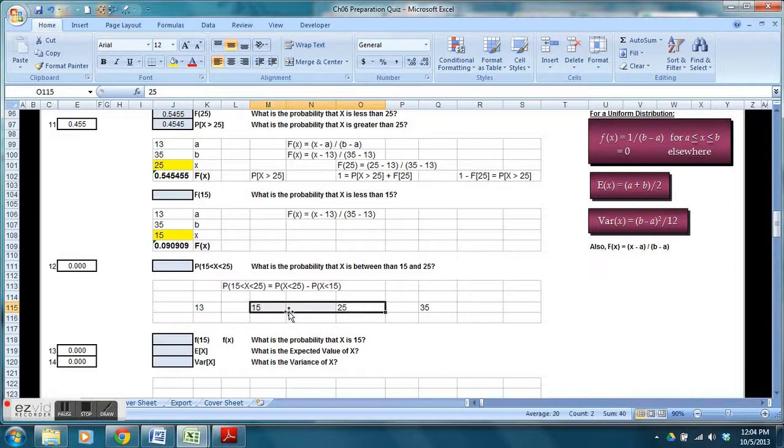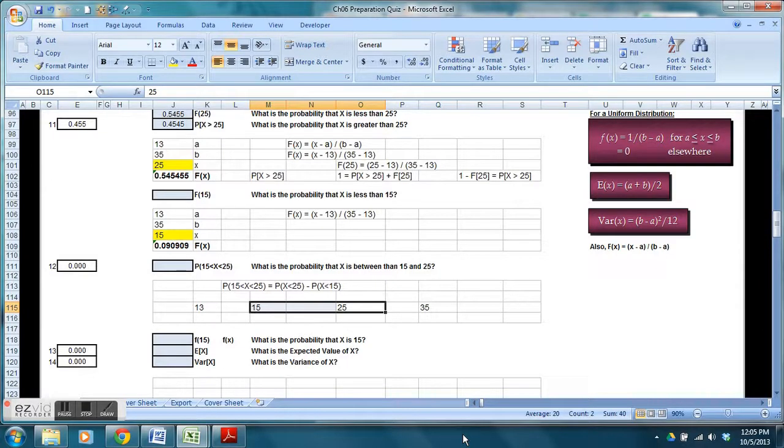The bounds are 13 and 35, and basically what this equation is saying is if we take the probability of everything less than 25, right there, and then we subtract the probability of everything that's less than 15, right there, then the remaining probability is the probability that x is between 15 and 25.